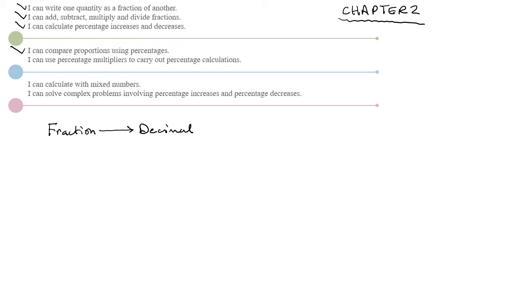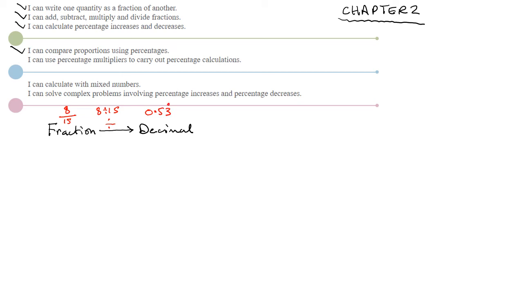Let's do an example. So if I had 8 over 15, I now would do 8 divided by 15. So we do a division. I'll just put divide here. That would give me a decimal. So if I do 8 divided by 15, I get 0.53 recurring.